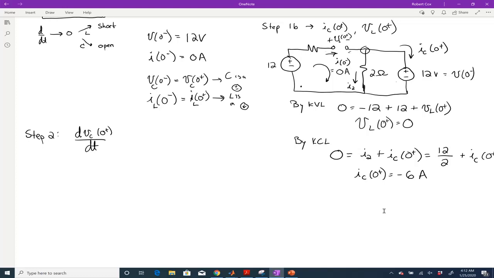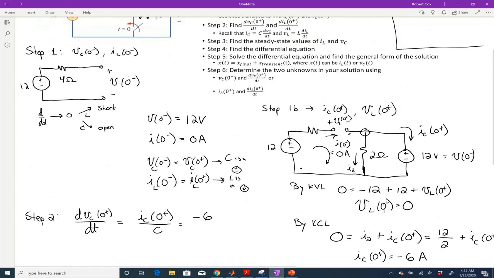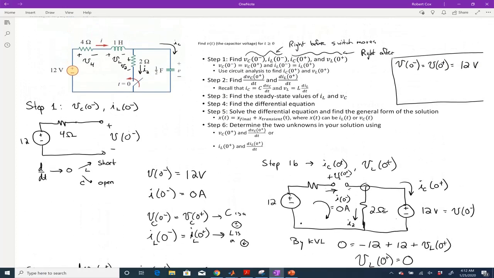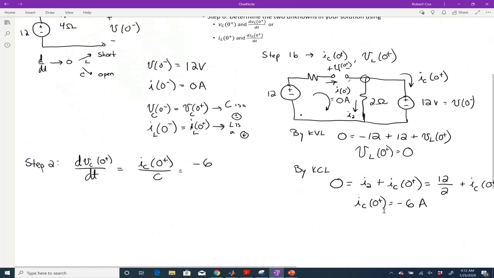So to do that, that's pretty easy, right? That has to be equal to I sub C of 0 plus divided by C. This is just the basic relationship that we have for a capacitor. So this isn't too bad because I know I sub C of 0 plus is negative 6 amps, and my capacitor value in this problem is 1/2 a farad. So I divide that by 1/2, and that becomes negative 12.